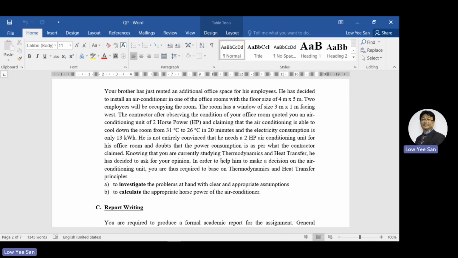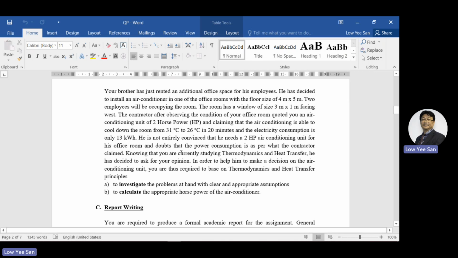Okay, so what you need to do is analyze or investigate, more or less calculate, based on what you have learned in thermodynamics and heat transfer. You're going to investigate the problem, and with appropriate assumptions along the way, calculate the appropriate horsepower given the criteria like 31 to 26 in 20 minutes and the power consumption.